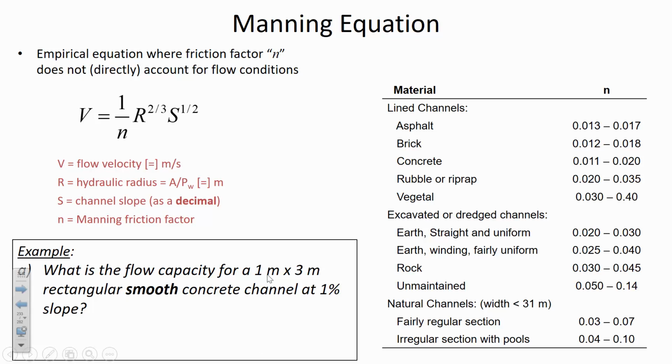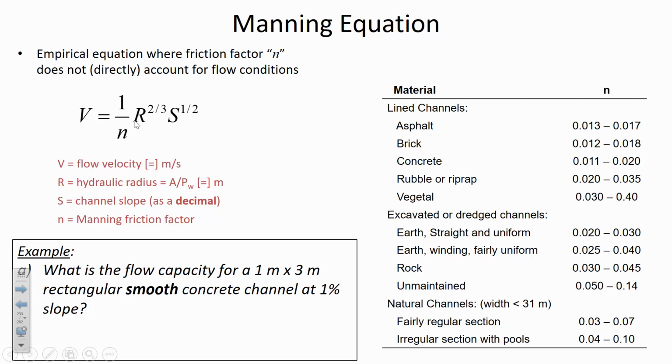The n value for smooth concrete, if we go to the range of concrete, it goes from 0.01 for a smooth finish up to 0.02 for a rough finish. And so let's use 0.011 for the n value.